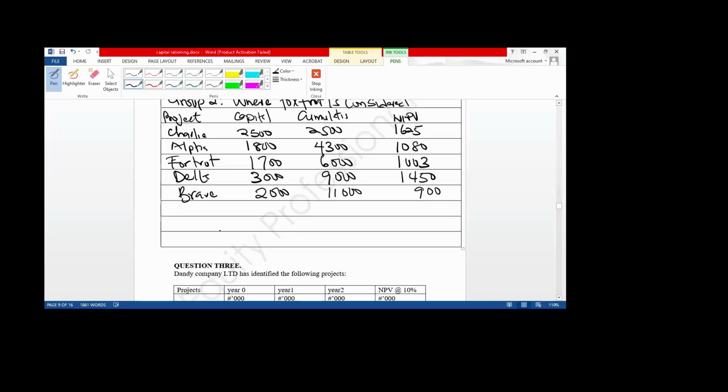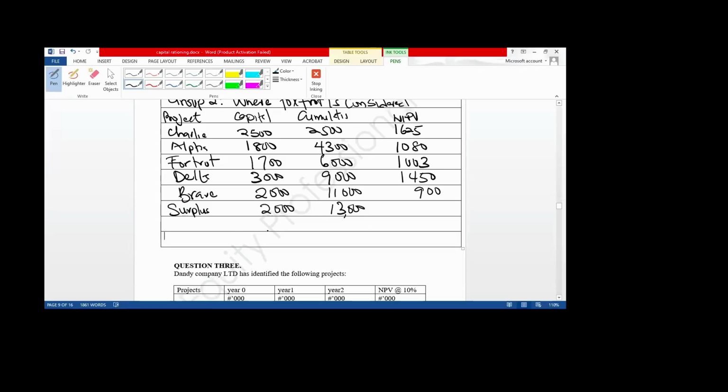Then surplus funds. Out of 13,000, we have spent 11,000. The amount available for investment is 13,000. That means our surplus fund is how much? 2,000. Is it clear, please? Yes, sir.